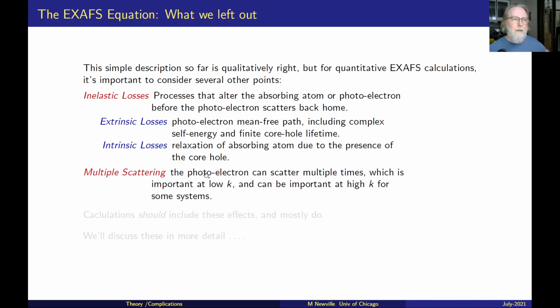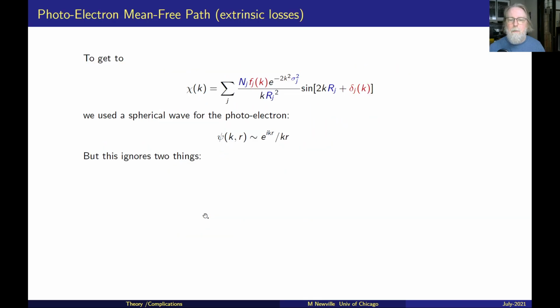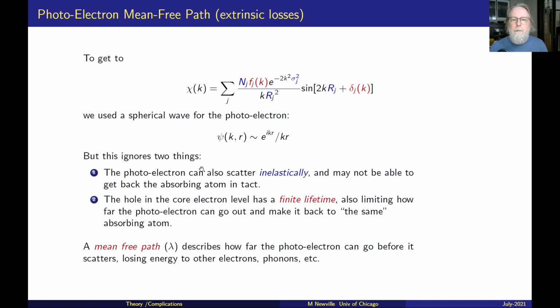The photoelectron can go out, scatter once, scatter again, and then come home. The calculations should all include these effects, and they mostly do, and we'll describe them in some detail. The most important one, I think, for understanding XAFS, though, is the mean-free path, or the extrinsic losses. So to get our XAFS equation, we used a spherical wave for the photoelectron. We said it was e to the i kr over kr. But this ignores two things.